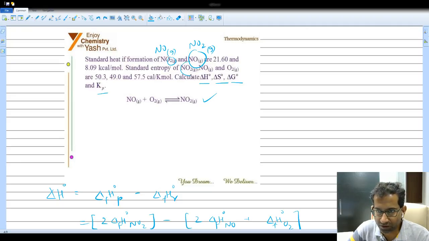And in this also this is NO. This value is for NO, this value is for O2, and this value is for NO2.